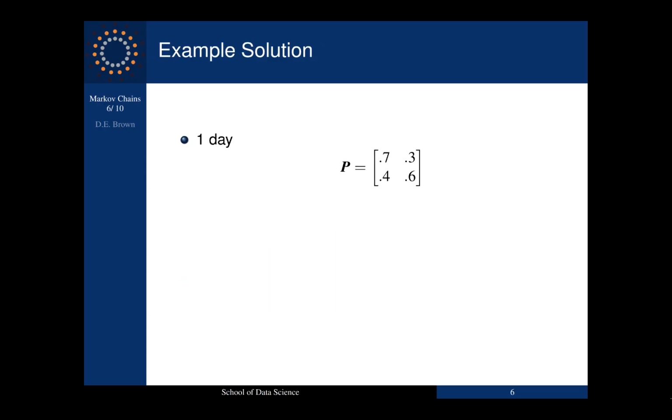Okay, the one-step transition matrix we can easily get from the definition of the problem, and that's shown here. If you go back and look at the previous description of the problem, satisfy yourself that we've written this out correctly.